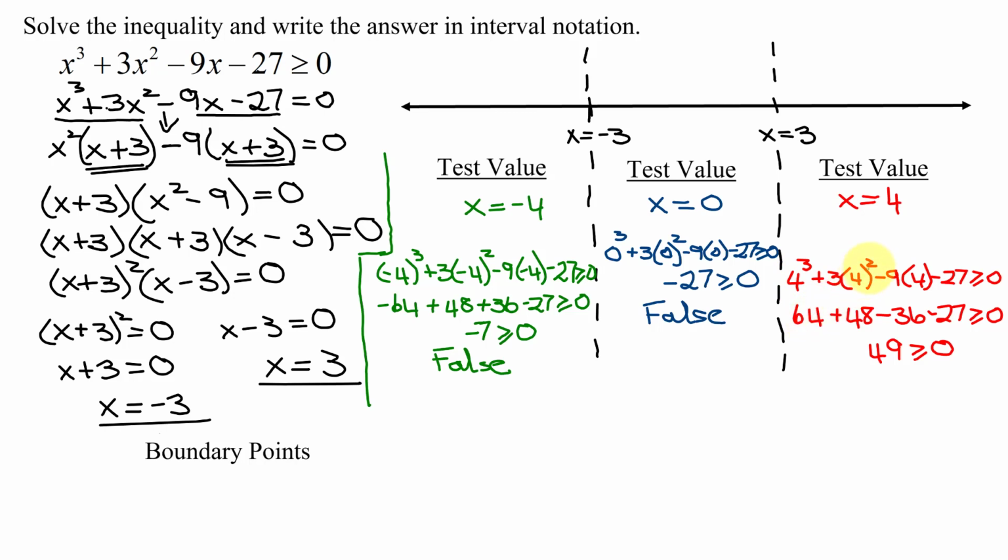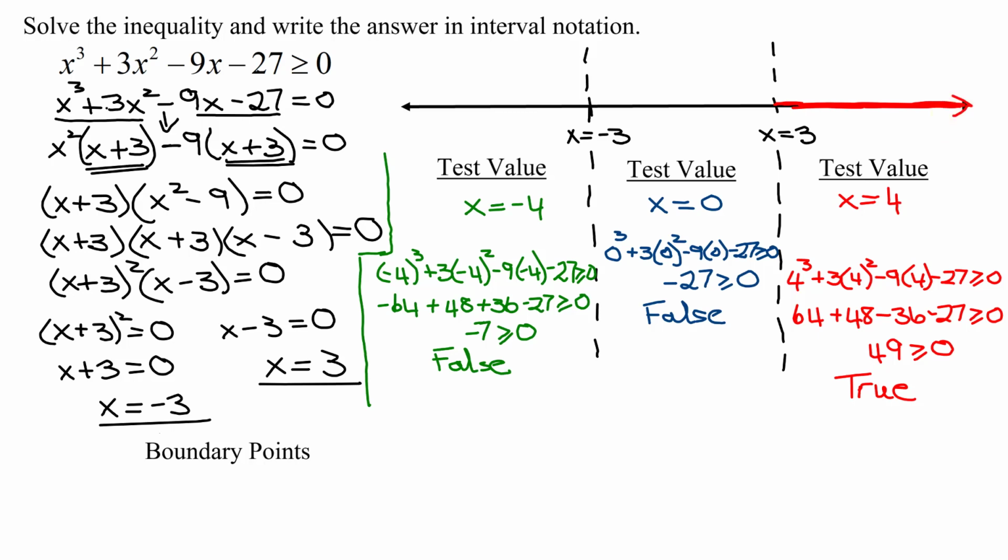Then I have 4 squared is 16 times 3 is +48. -9 times 4 is -36. Minus 27, is that greater than or equal to 0? Adding all these numbers up, I get 49. Is 49 greater than or equal to 0? That is a true statement. So I want the region to the right of x equals 3.